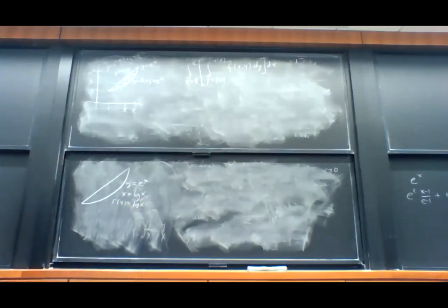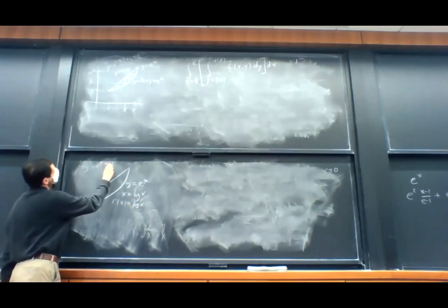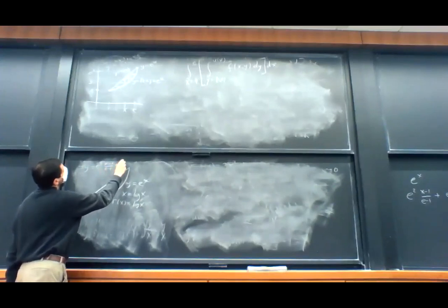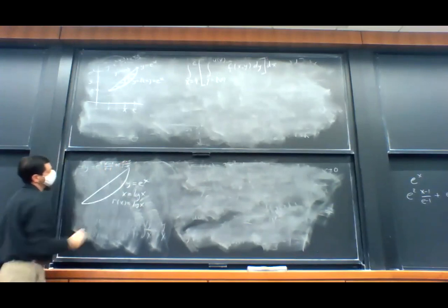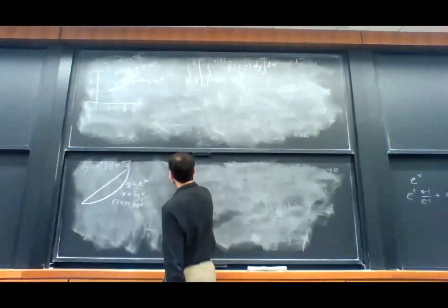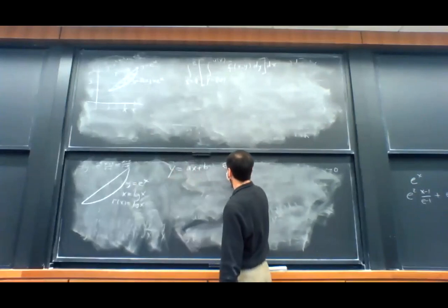The more interesting one is the other one. We have here y is equal to e squared x minus 1 over e minus 1 plus e x minus e over 1 minus e. So we have y equals ax plus b for some a and b.